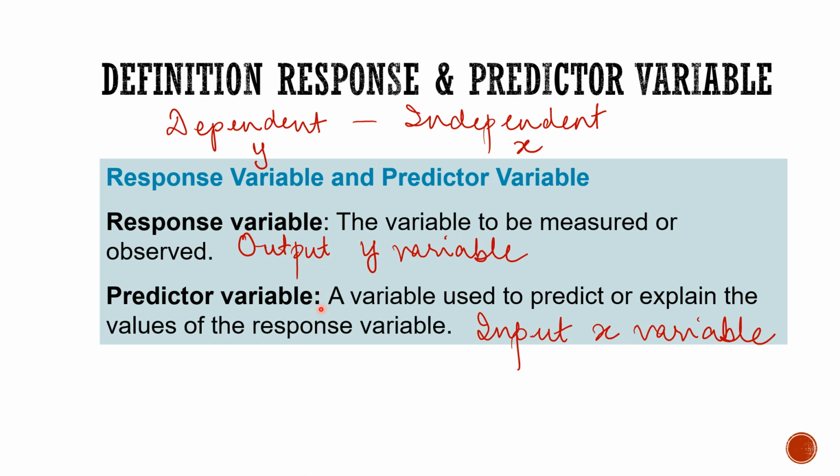So just keep in mind what the response variable is referring to. Whenever we use that term, it is the y variable, and the predictor variable, the variable that we use to predict the y value, is the x variable.